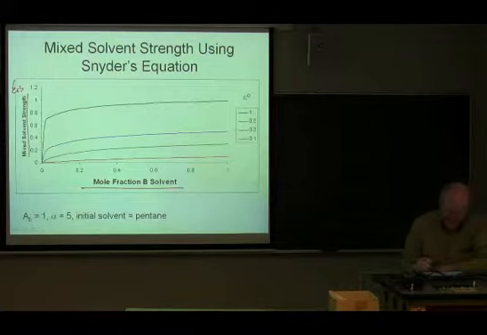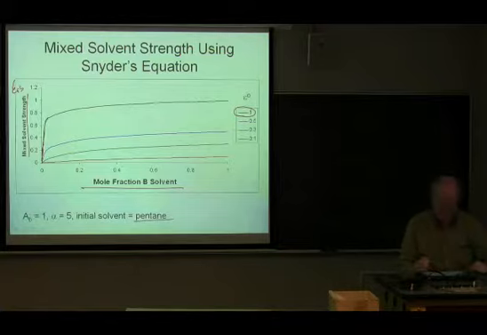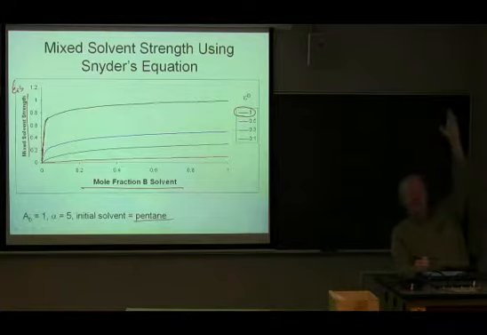It's kind of weird. This is a fairly strong solvent, epsilon naught of 1. You add a teeny tiny bit of strong solvent to a weak solvent like pentane, and epsilon AB goes screaming up.